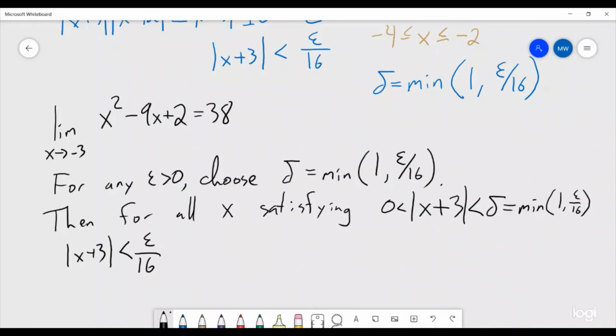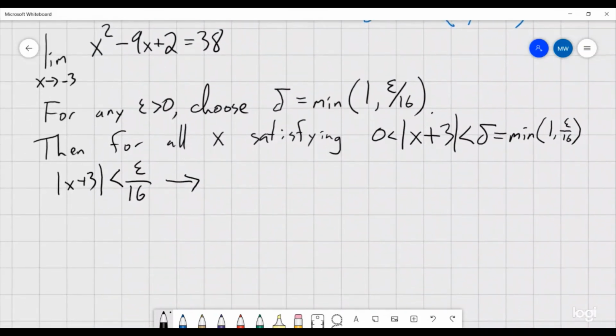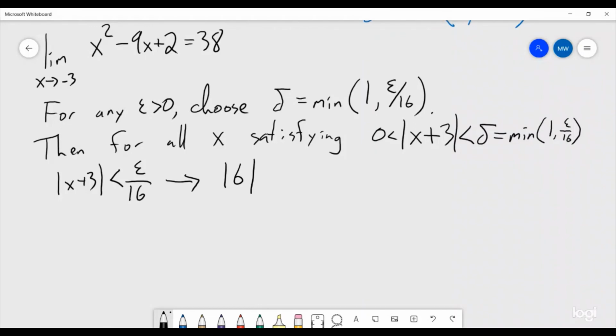Well, that tells us that we can conclude that 16 times absolute value of x plus 3 is less than epsilon, which is, so I'm going to rewrite this the other direction, so epsilon comes first, just to make the process a little bit more clear.